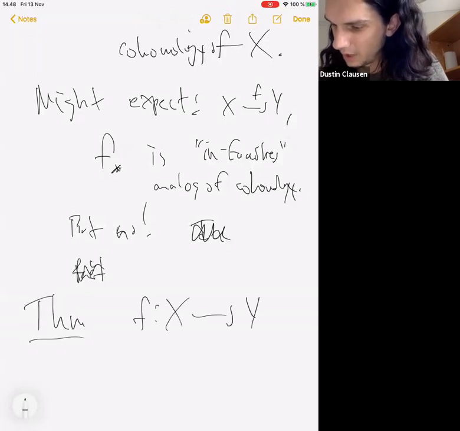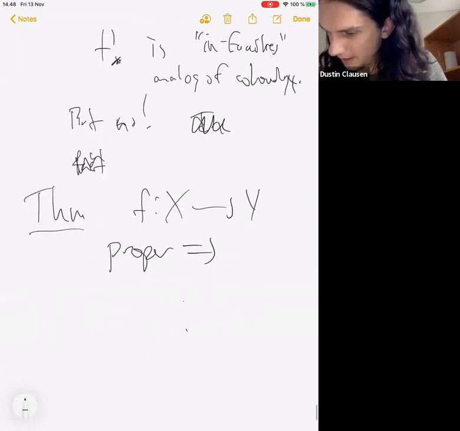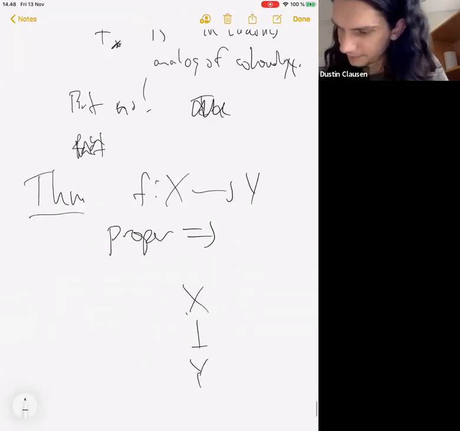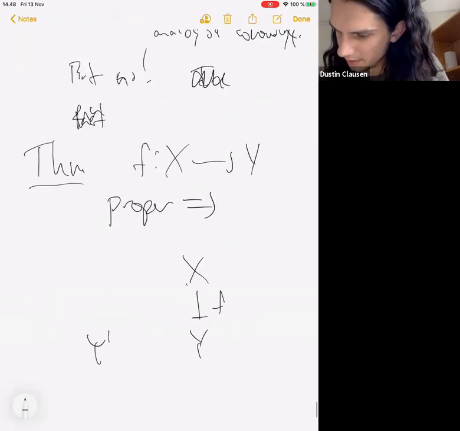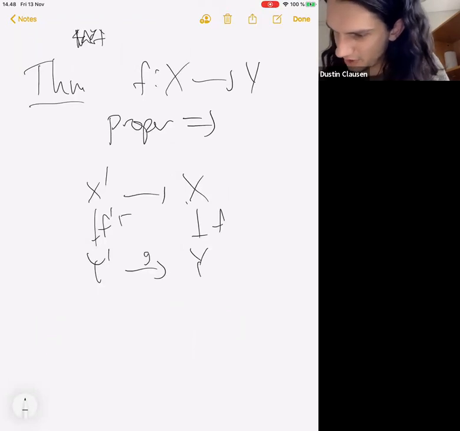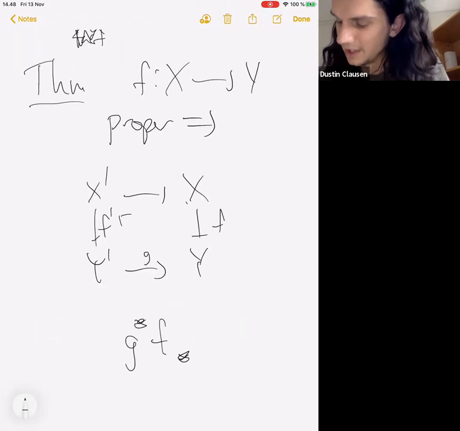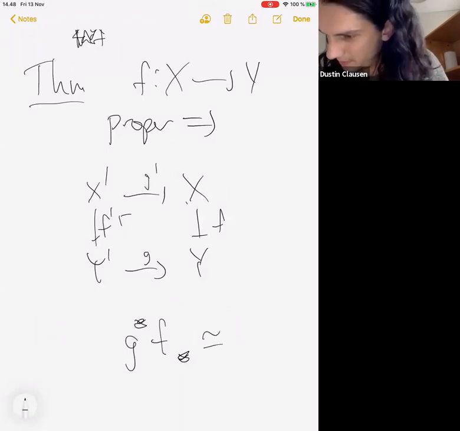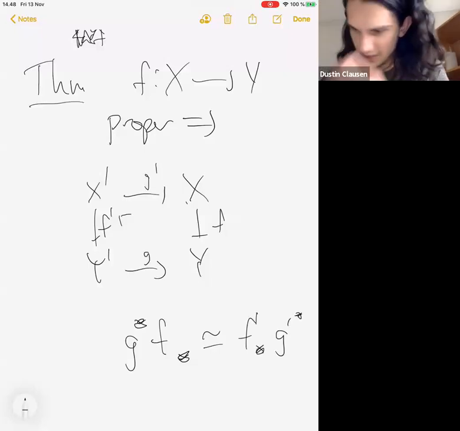If F from X to Y is proper, then if you take any pullback by a map G, and you take F lower star and then G upper star, that's the same thing as taking G prime upper star, F prime lower star.